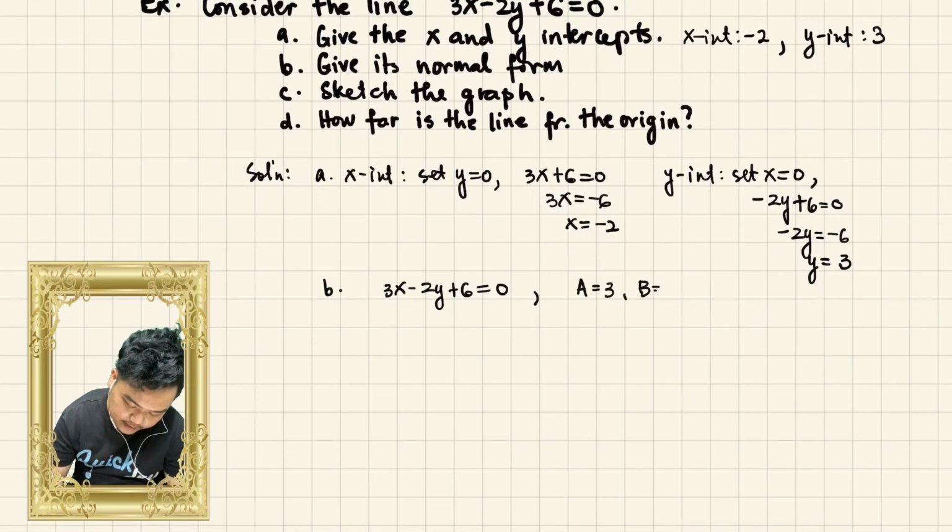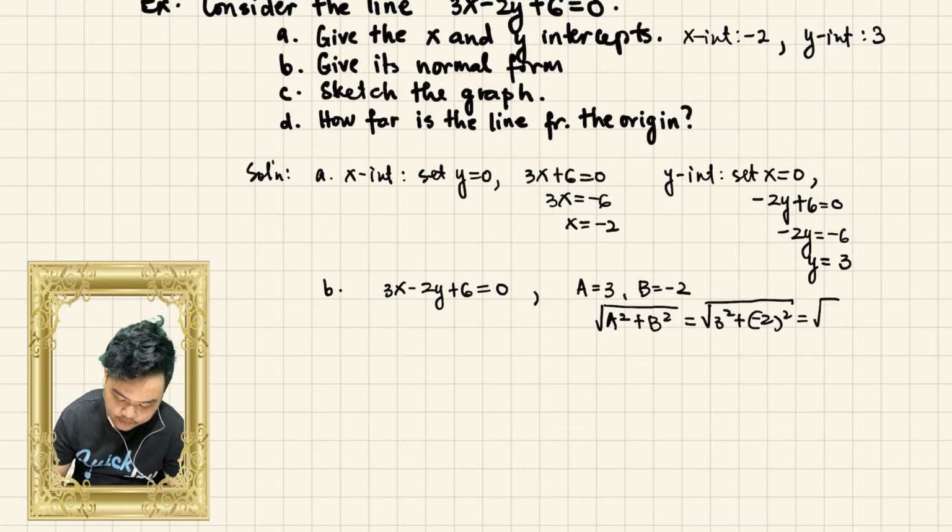Ang b mo is negative 2. So, square root ng a square plus b square is equal to square root of 3 square plus negative 2 square, which is square root of, this is 9 plus 4, 13.